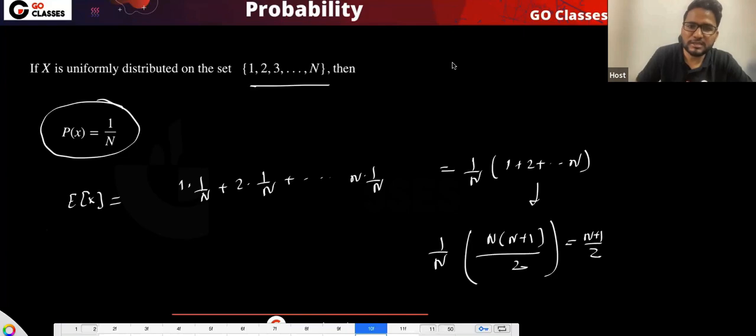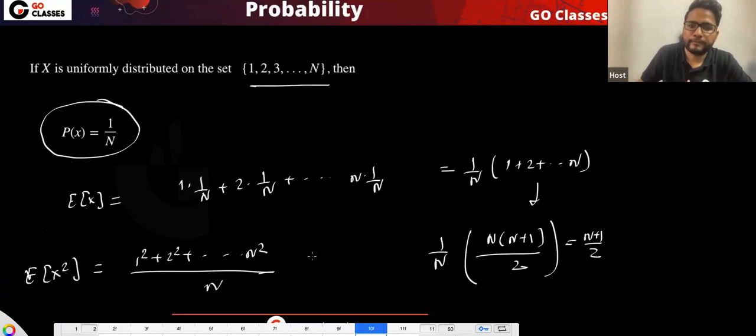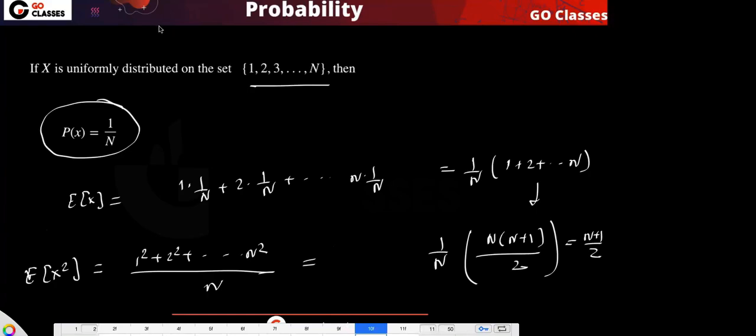What about the variance? You can calculate the variance also. Let's first calculate expectation of x square. Expectation of x square will be 1 square plus 2 square till n square upon n. What is this quantity? If you sum till n square, then what do you get? Does anyone remember the formula? If you sum all of the squares, I think it is n into n plus 1 into 2n plus 1.